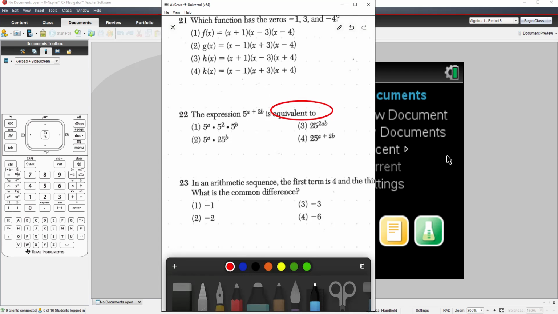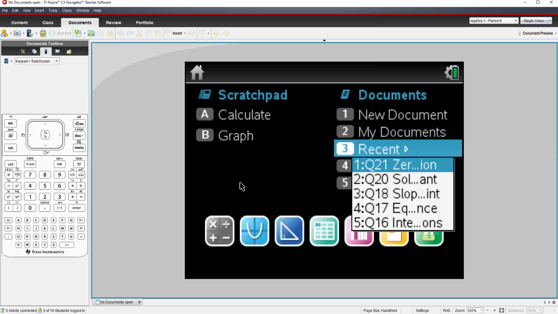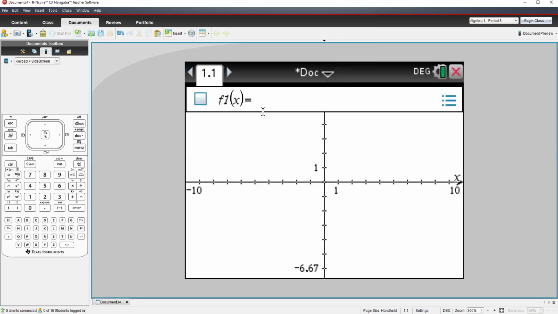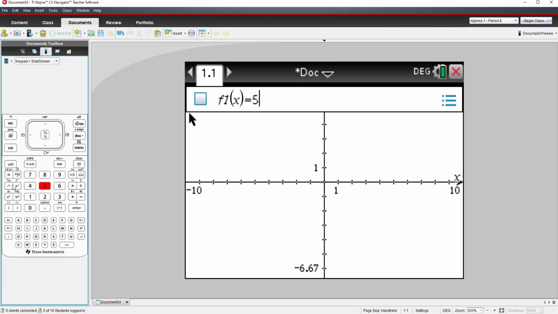All right, so I can't make this into a function, right? I can't make this into a function because I have two unknowns. I have an A and a B. So I can't go 5 to the X power, right?